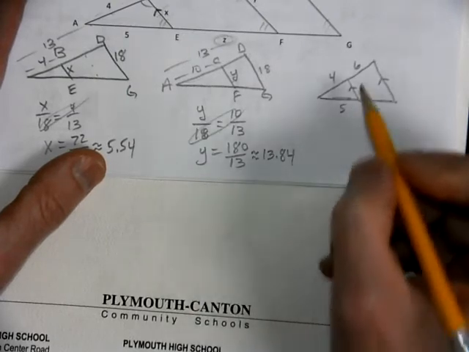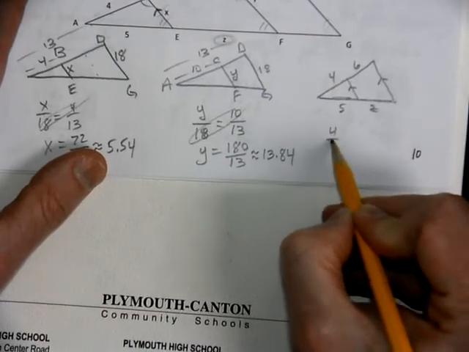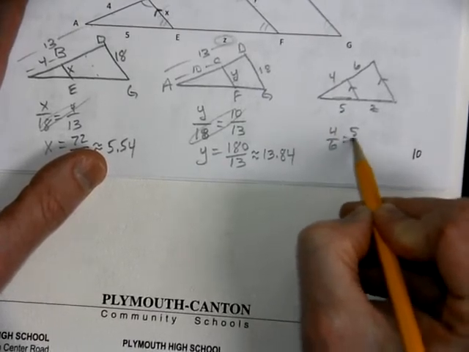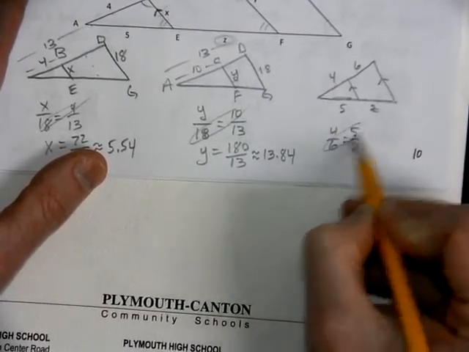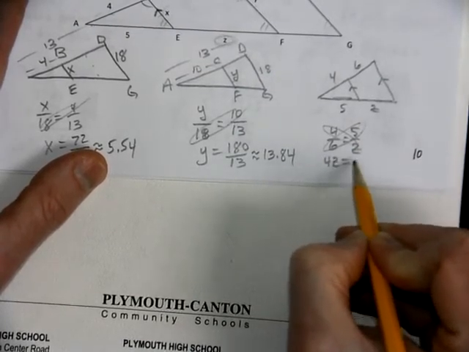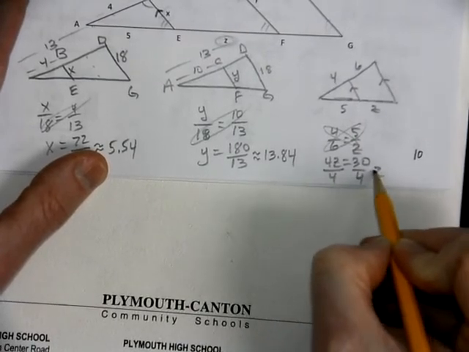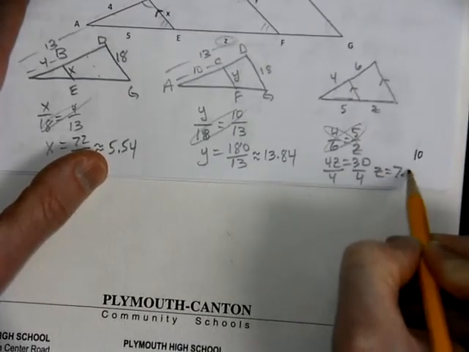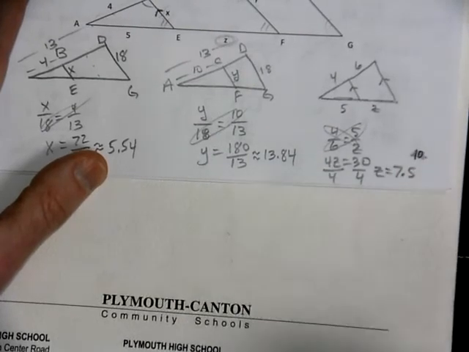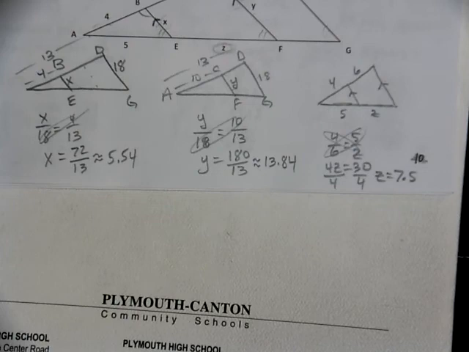Since the sides are parallel, I know the sides are divided proportionally. That is 4z equals 30, and divide by 4, z equals 7.5. So we found our x, our y, and the z.